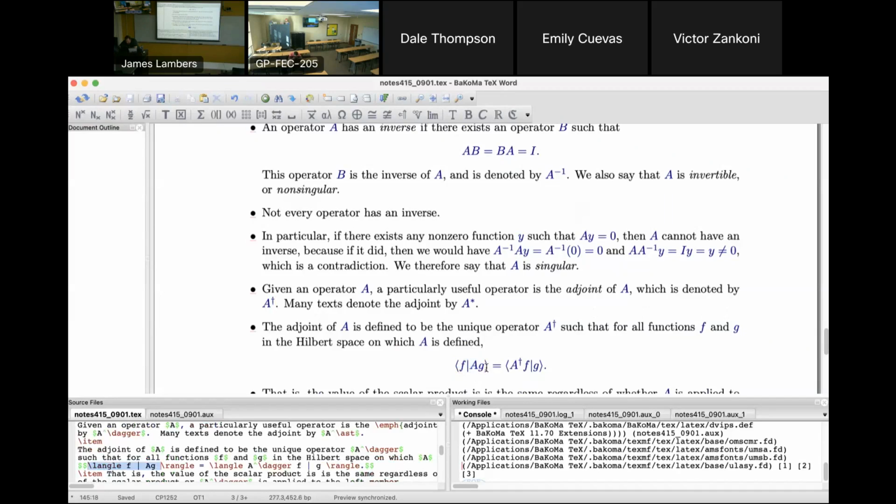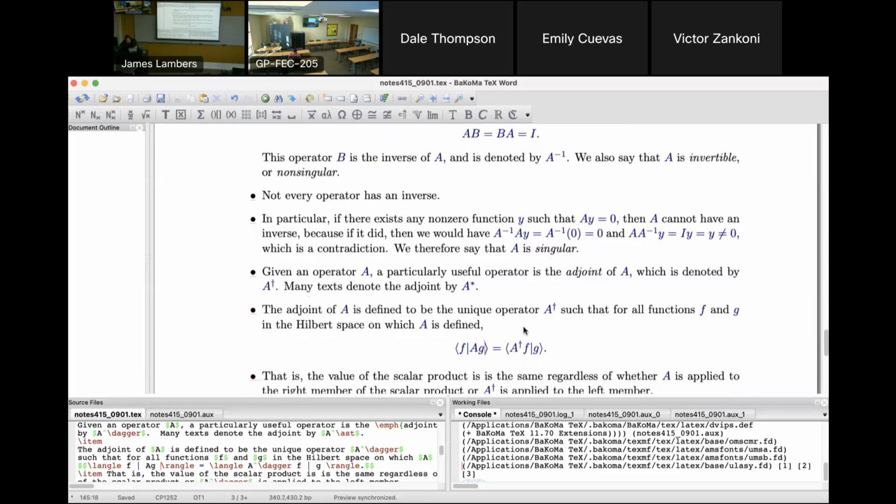But you could write the scalar product in a form where, instead of having an operator applied to g, it's an operator applied to f, and then take a scalar product with g. In other words, think of it as putting the shoe on the other foot. A is the shoe. So you're moving the operator from g over to f, but it's not necessarily the same operator. It's the adjoint. So the adjoint is the unique operator such that this holds.